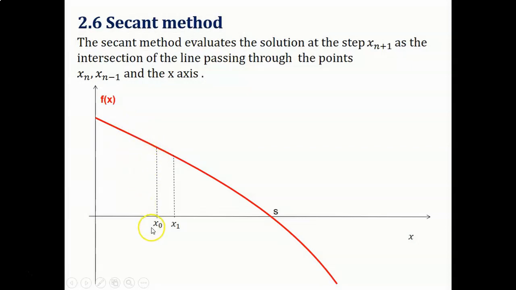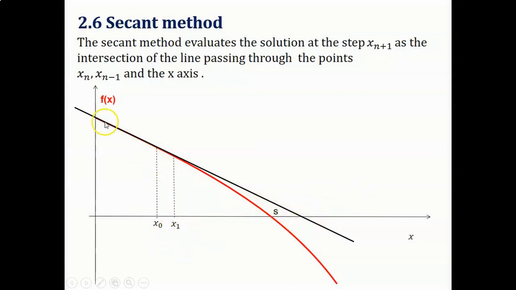So instead of starting with one point x0, we start by choosing 2 points x0 and x1 that are close enough to each other, and we construct the line passing through the points x0 and x1, and we search for the intersection of this line with the x-axis.